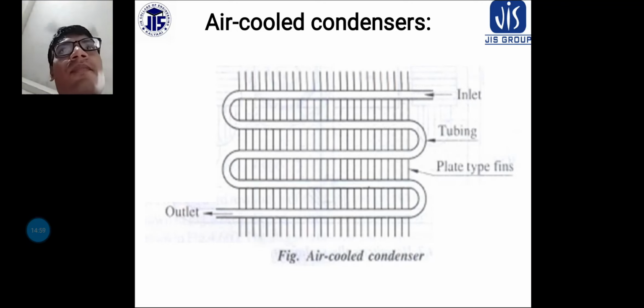Thus, the increased head pressure in case of an air cooled system would result in reduced rating because of reduced volumetric efficiency of the compressor, decreased refrigeration effect, and increased mechanical energy input. So this is all about the air cooled condenser. I hope it is clear. A lot of things will be discussed afterward.